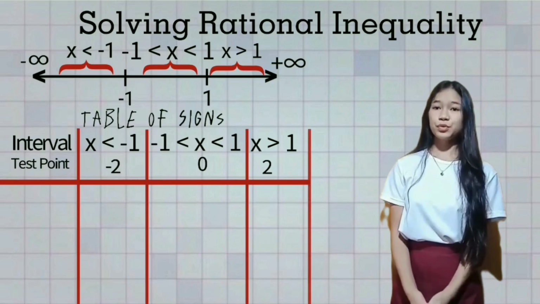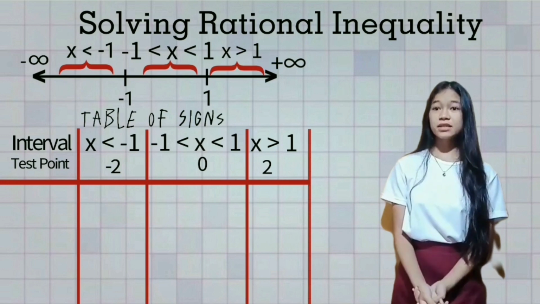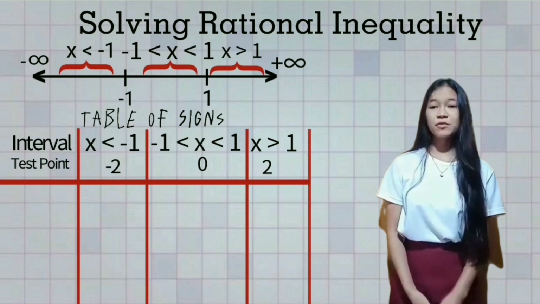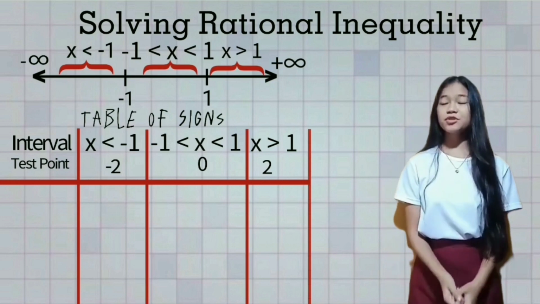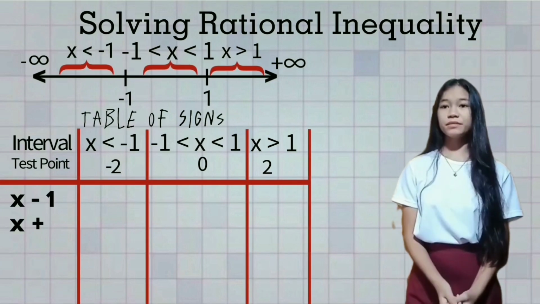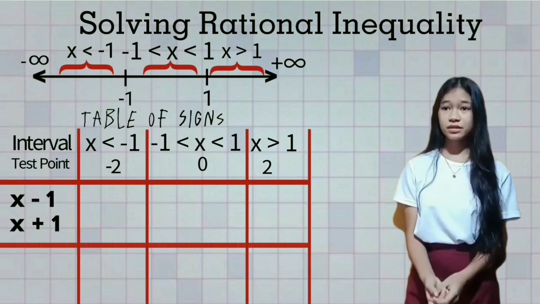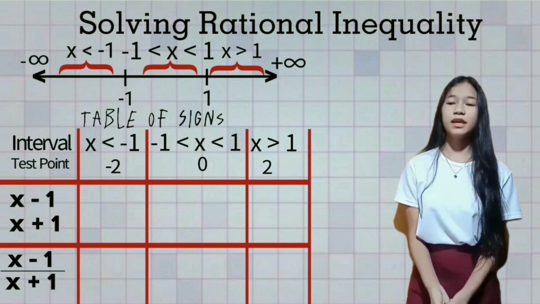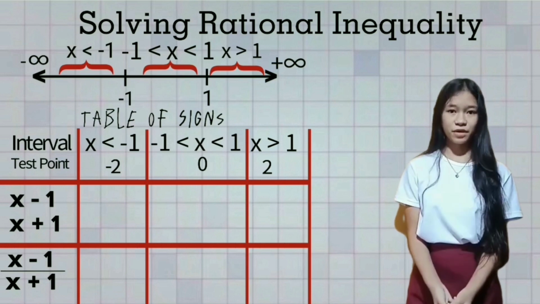After we choose the test points, let's get back to our rational inequality. So we have 2 functions, x minus 1 and x plus 1, and also our rational inequality, that is x minus 1 over x plus 1.